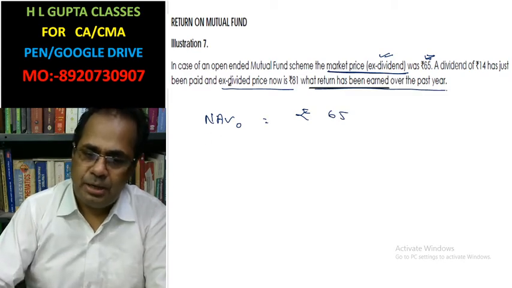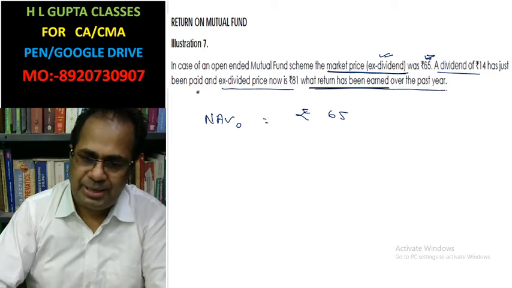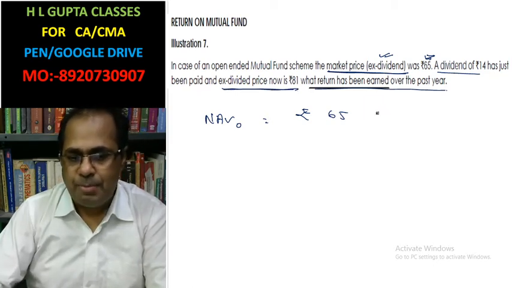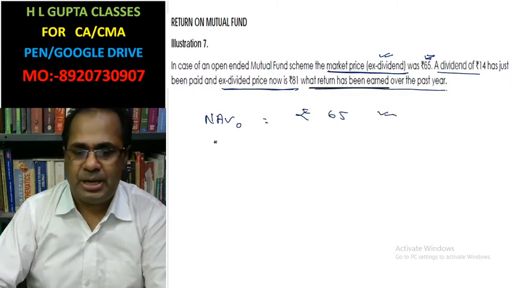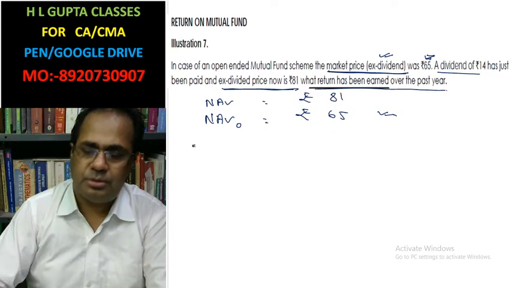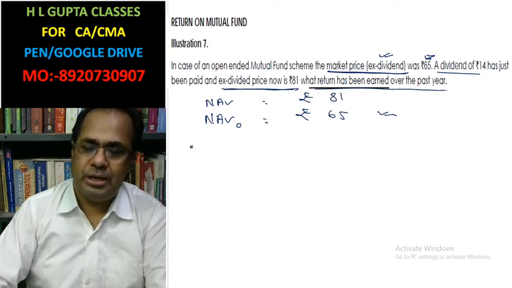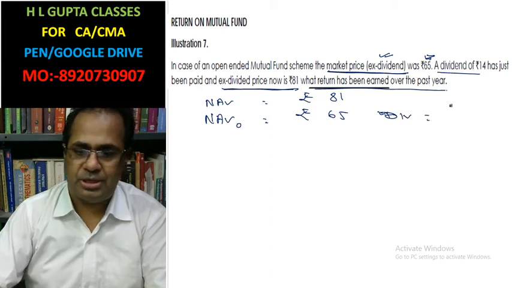At the time of purchase, the price of the share is 65. Right now the price of the asset, assumed to be net asset value, is 81. And the dividend received during the period is given as rupees 14.